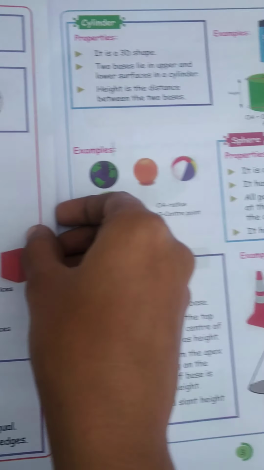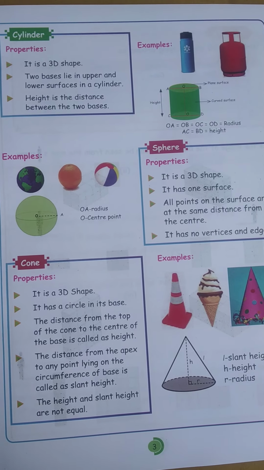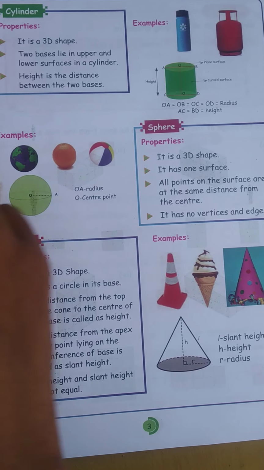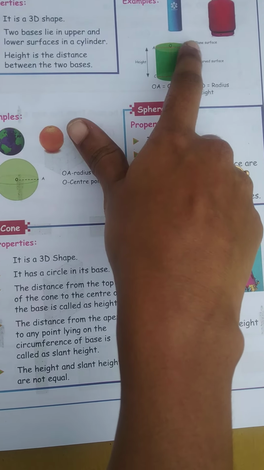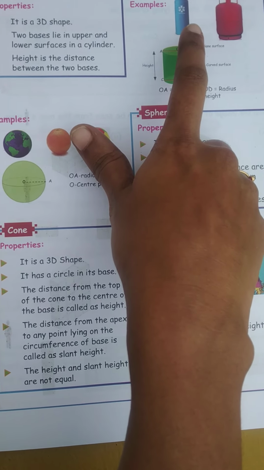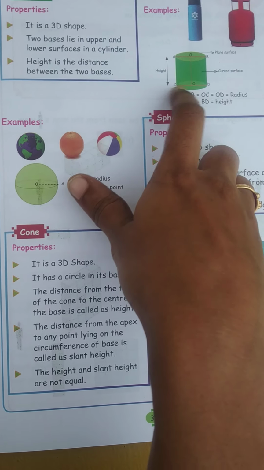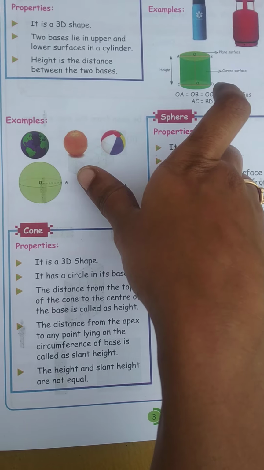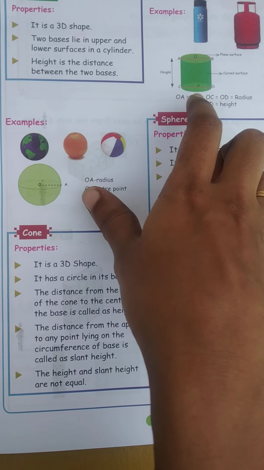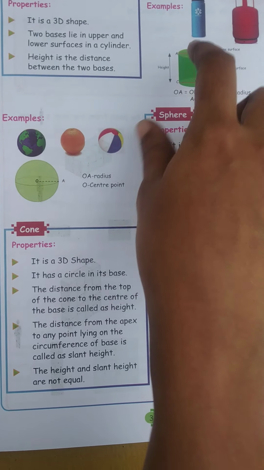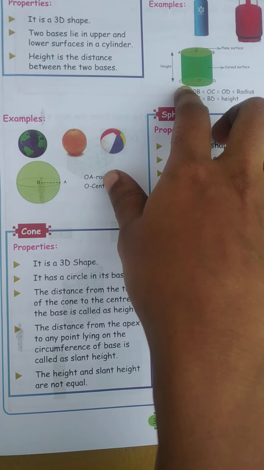Then the cylinder. It is also a 3D shape. It has 2 bases, at the bottom and on the top. These are the 2 bases, the upper and lower surfaces of a cylinder. The height is the distance between the 2 bases, from here till this one is the height. Clear, children?